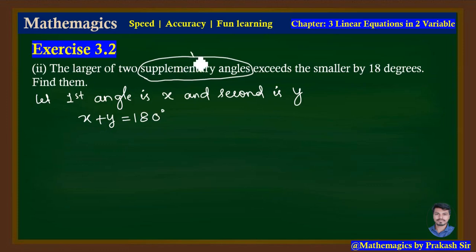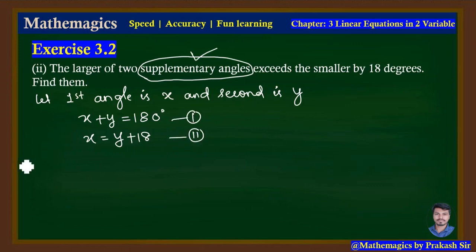Because the sum of supplementary angles is 180 degrees. The larger of the two supplementary angles exceeds the smaller by 18. It means x is equal to y plus 18. It means one angle is 18 more than the other angle. So this is the first equation we obtained. This is the second equation we obtained.